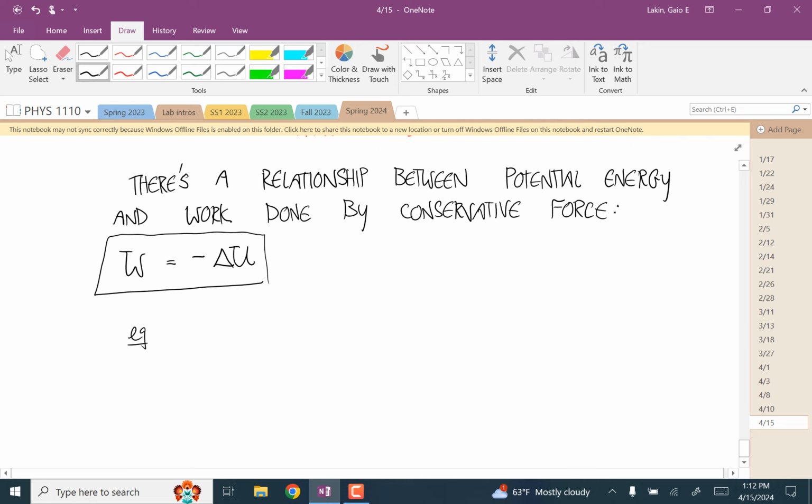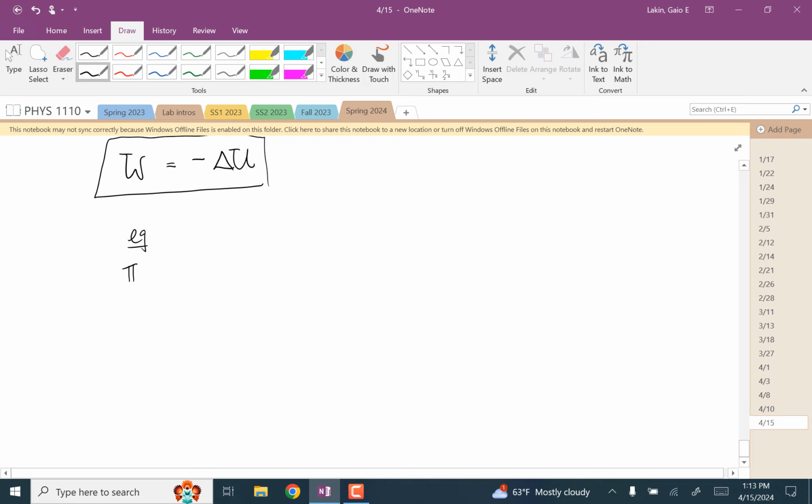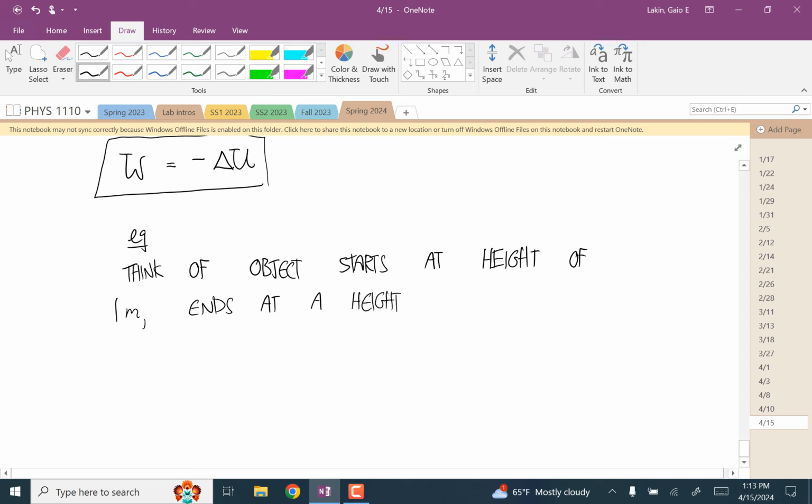For example, think of an object that starts at a height of 1 meter and ends at a height of 4 meters. Calculate the work done on the object by gravity.